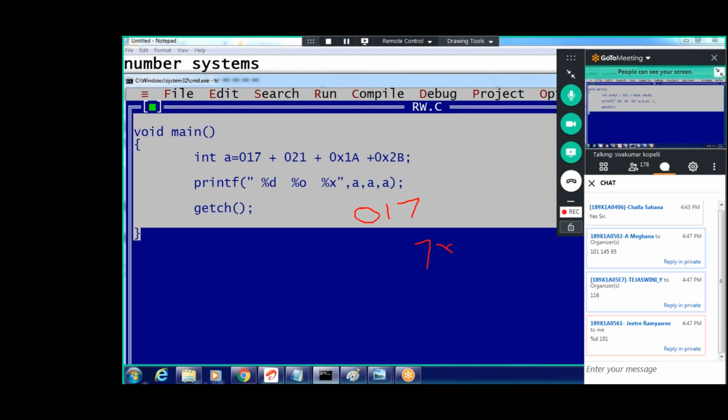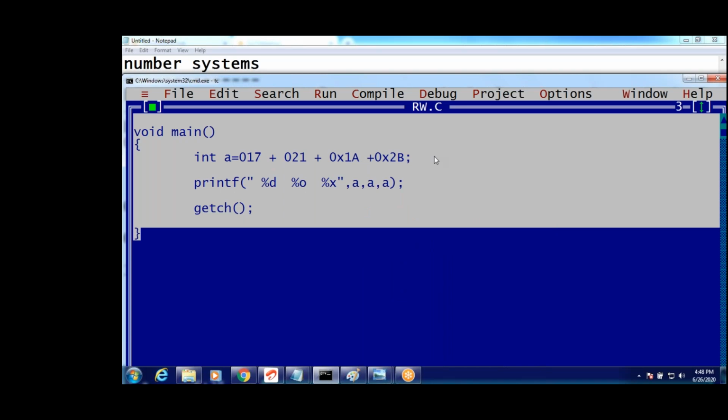If it is binary, we write 2 power 0. So 7 into 8 power 0 and 1 into 8 power 1. 1 into 8 power 1 is 8, plus 7, that is 15. Now the first value is 15.